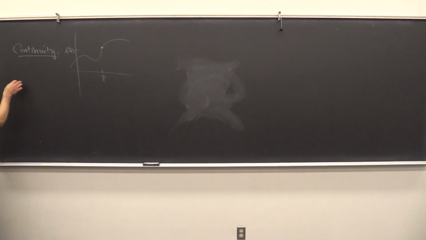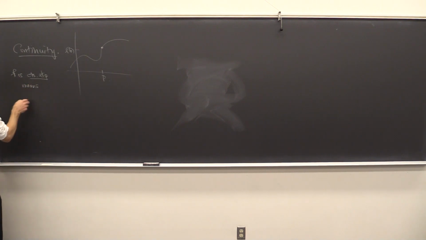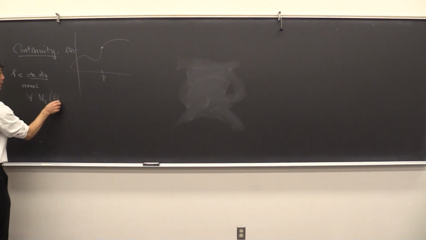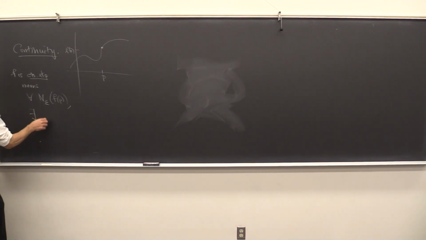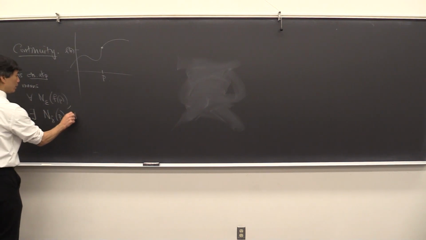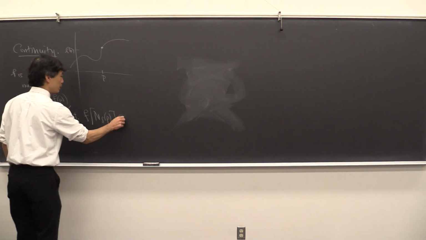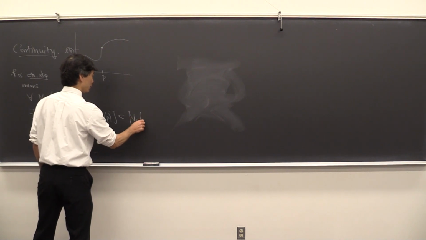Yes, exactly. So the definition is that f is continuous at p means that for all neighborhoods of f of p, and we usually use an epsilon, there exists a corresponding delta neighborhood of p such that f of the delta neighborhood is contained inside of the epsilon neighborhood.